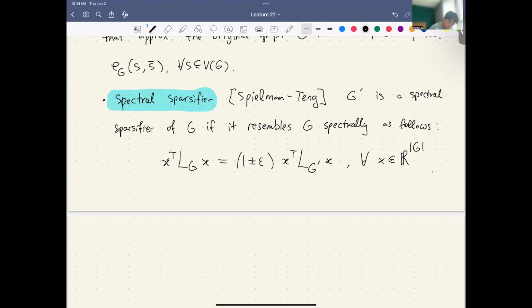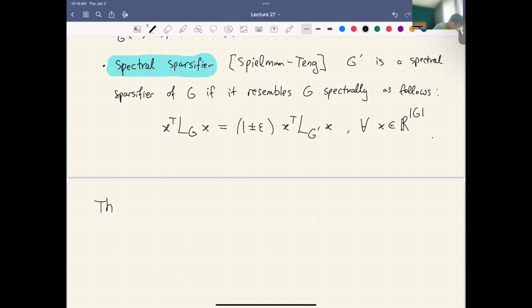The theorem, by Spielman and Srivastava, is that we can find a weighted spectral sparsifier for any graph on n vertices with only n log n edges. So it's almost a linear number of edges. The original graph G could have a quadratic number of edges, but we can use a very, very sparse weighted one to approximate it spectrally.